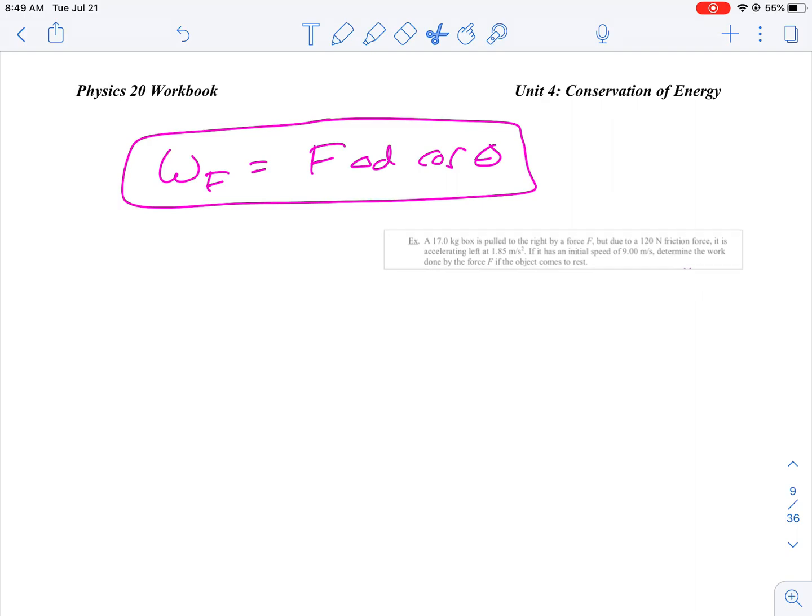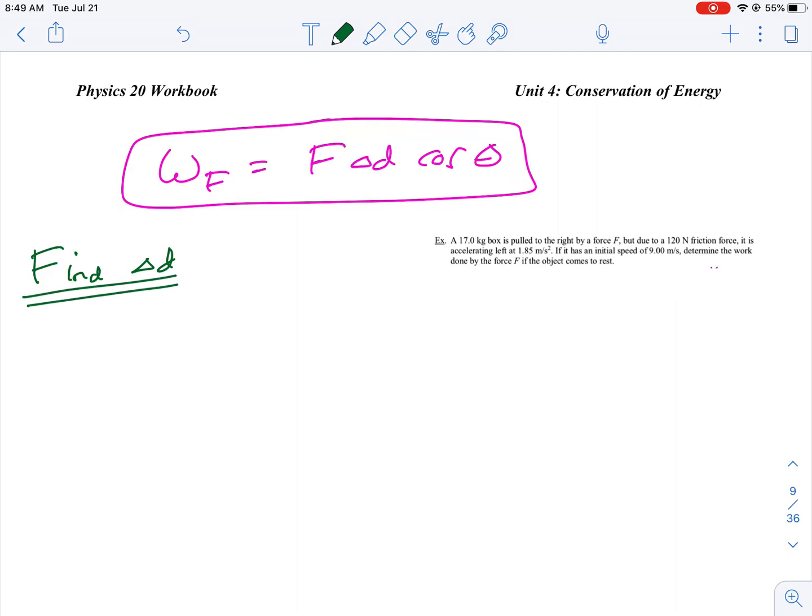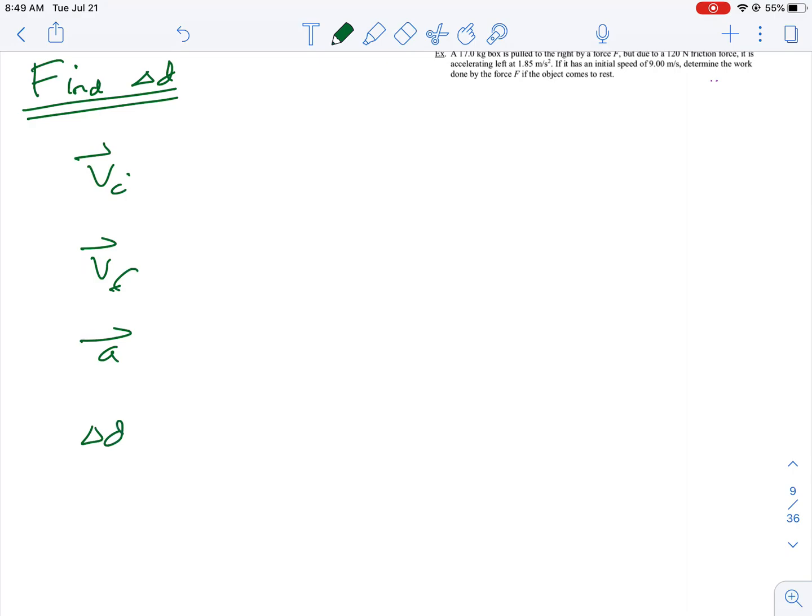I'll just put that over to the side. It's going to be nice and small. All right, so our next objective is to find delta D. This is going to require us to do some kinematics. So we do V initial, V final, A, delta D, and T.